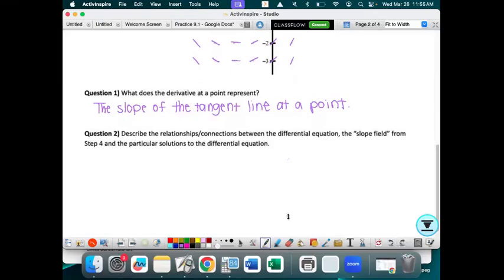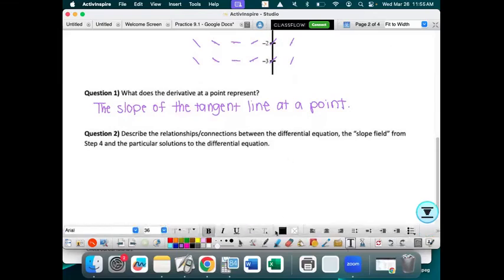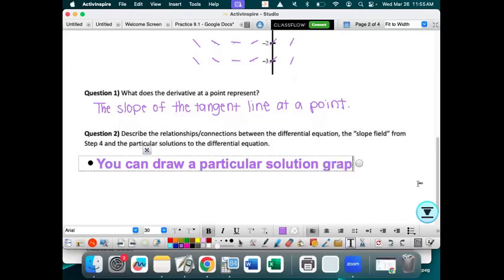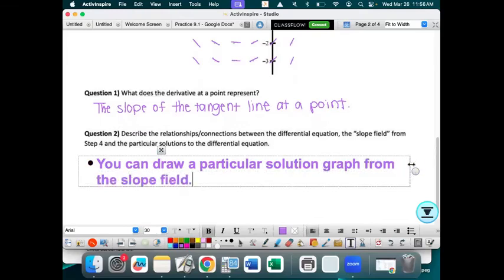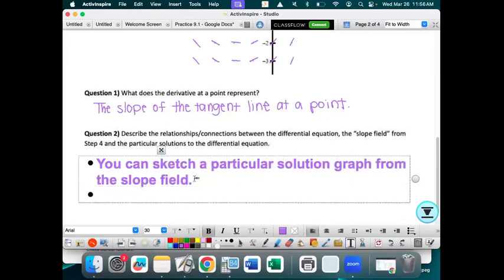So one connection is that you can draw a particular solution graph from the slope field. And maybe I shouldn't say draw, maybe I should say sketch, because it's not perfect if you're doing it by hand.